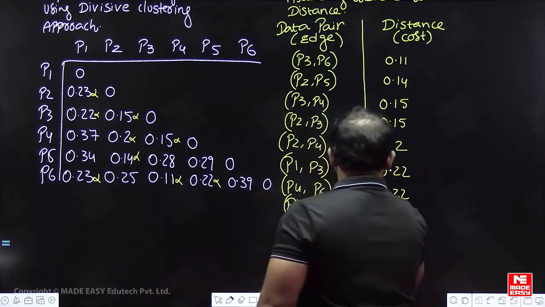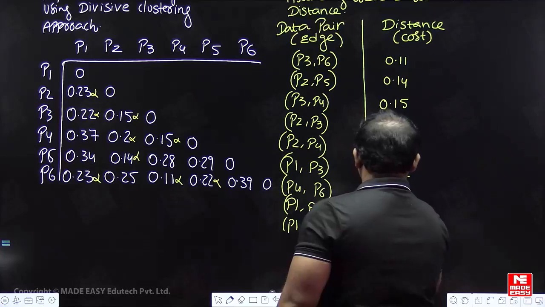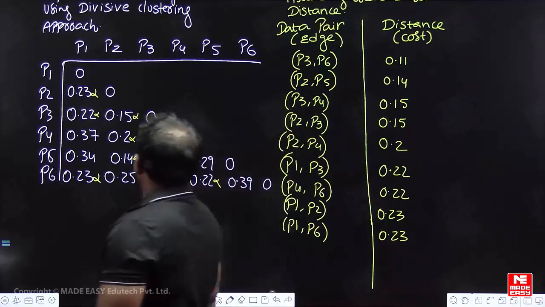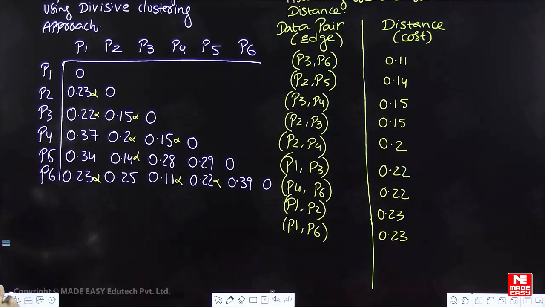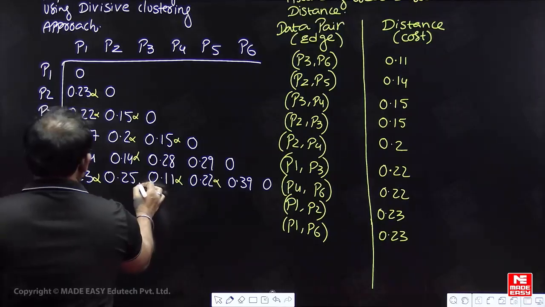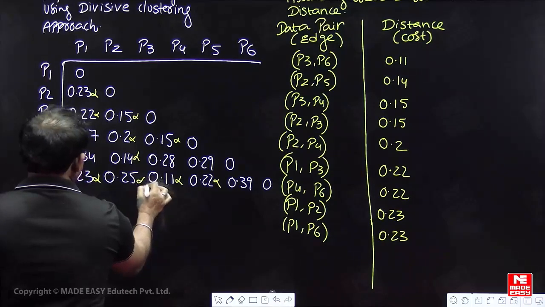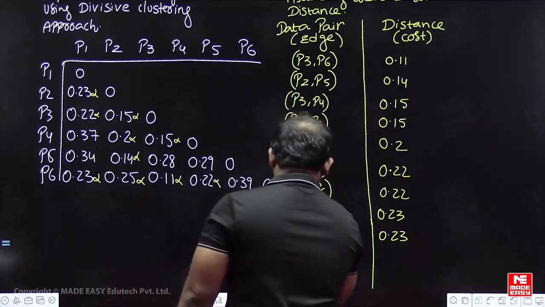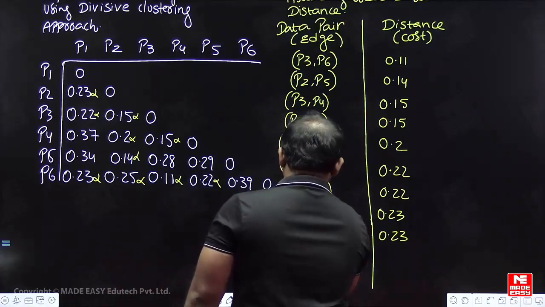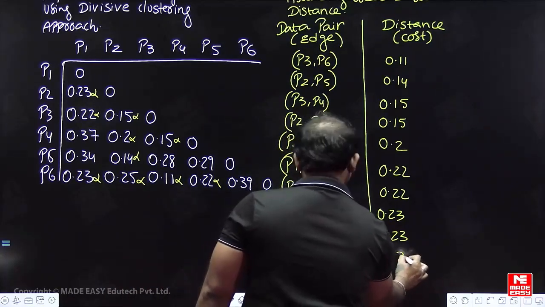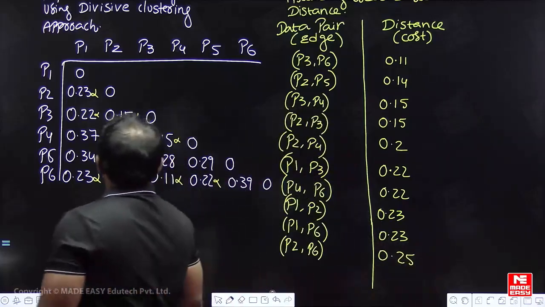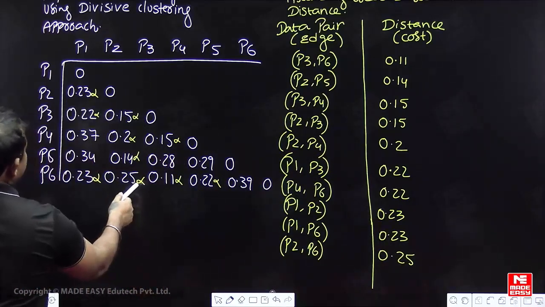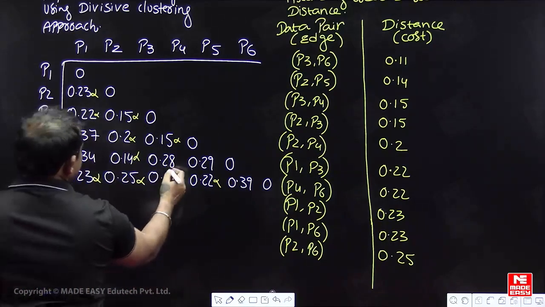After that, the next smallest is 0.25, that is P2 and P6, having 0.25 cost.